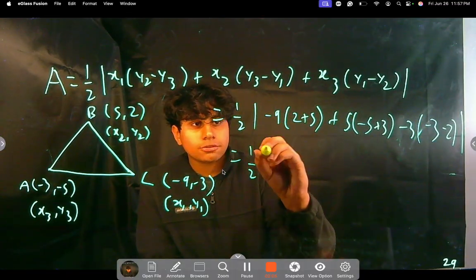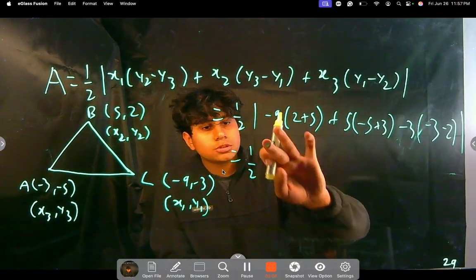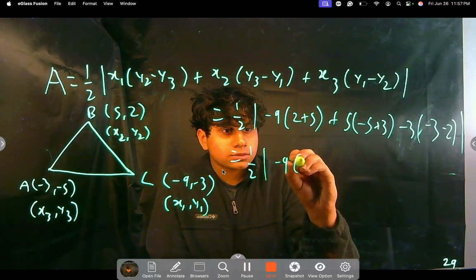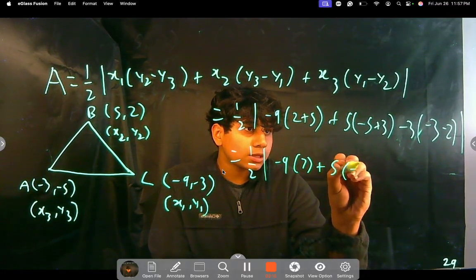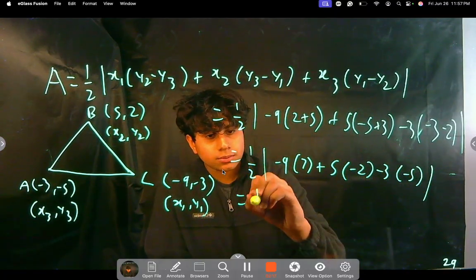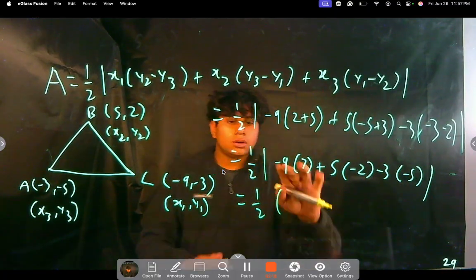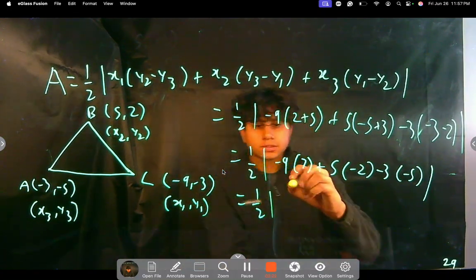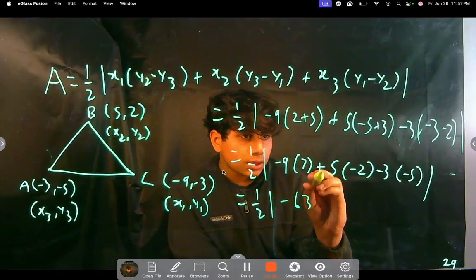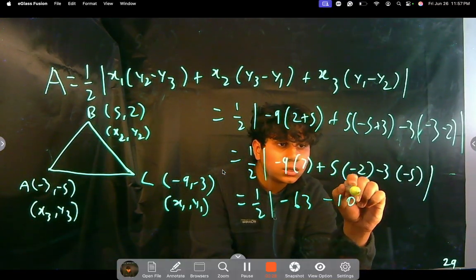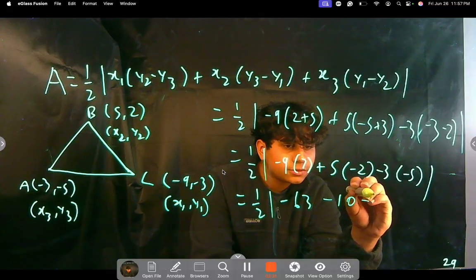So it's going to be 1/2, and then we can solve through this. This will be -9 times 7 plus 5 times -2 minus 3 times -5, absolute value. So 1/2 times the absolute value of 9 times 7, 63, -63 minus this is 10 minus 15.